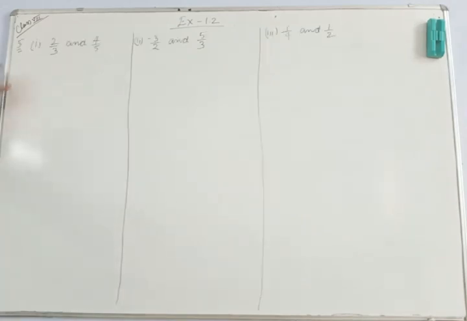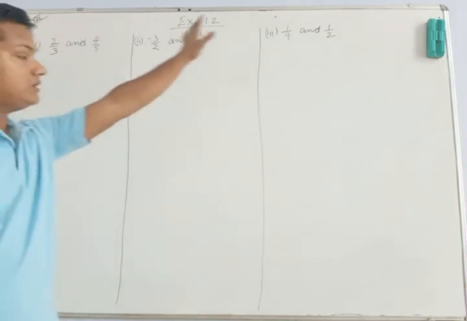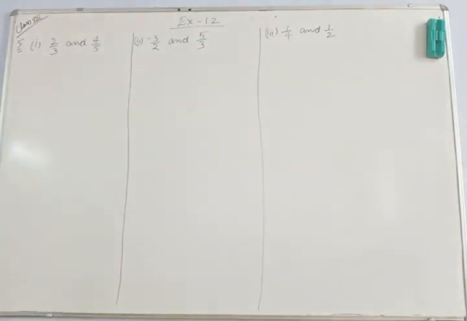Now the fifth question. It says we have to find 5 rational numbers in between these numbers. So what we have to do is equate the denominators in all the terms. To equate the denominator, I have to multiply this term with the denominator of the other number, that is 5.